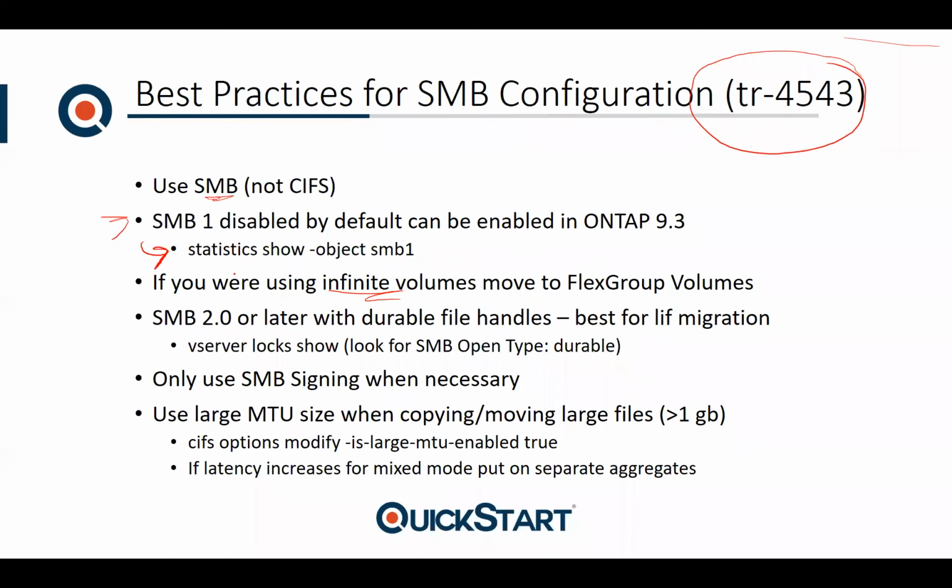All right, next piece here: infinite volumes. I don't know where you guys are in the various features you've been implementing in clustered Data ONTAP. Some of you might still be using 7-Mode, but FYI, clustered Data ONTAP introduced what were called infinite volumes. They were really used for NAS data, for the use case where I've got a ton of files, a ton of data, and I need a single mount point for my client.